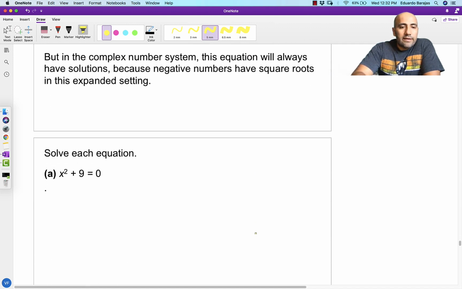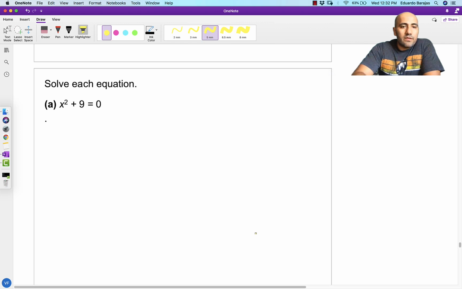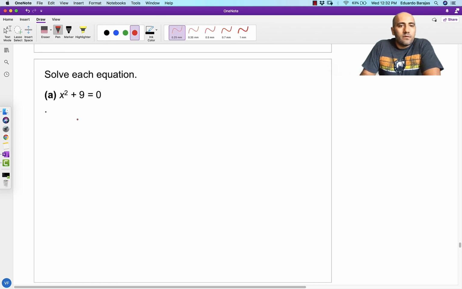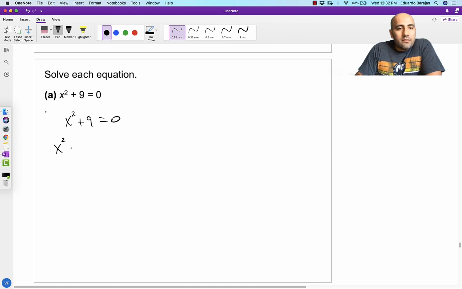So here's an example. Solve this equation. All right, well, this one's easy. So let's solve it this way. We have x squared plus 9 equals 0. We could use the whole quadratic formula thing, and that would be this way. Let's put a 0x plus a 9 equals 0.